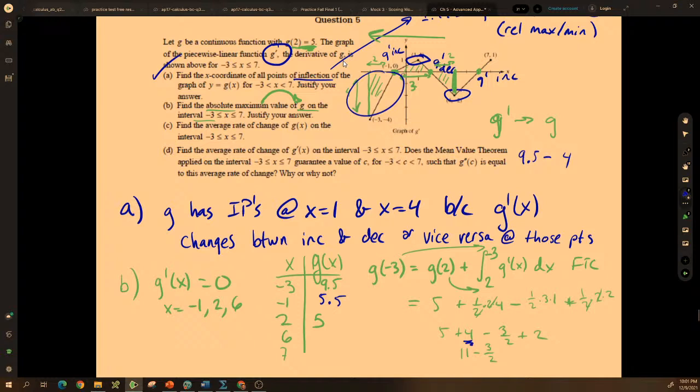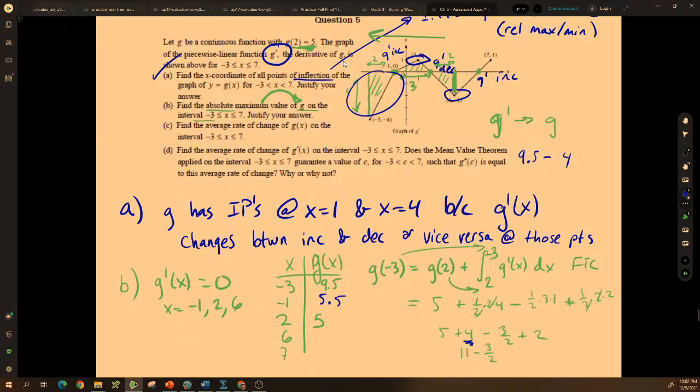Okay. Then at positive 2, we know the answer is 5. Oh, you know what? I forgot, this is negative 1. Oh yeah, positive 2. This is my fault. I think I messed this up.